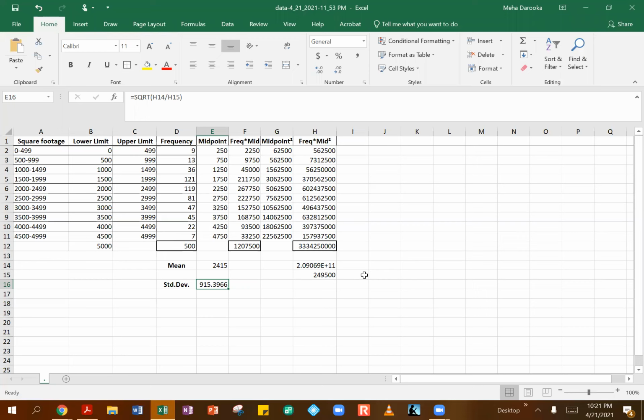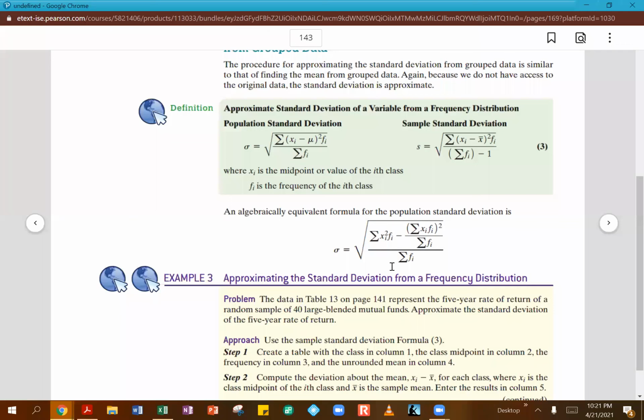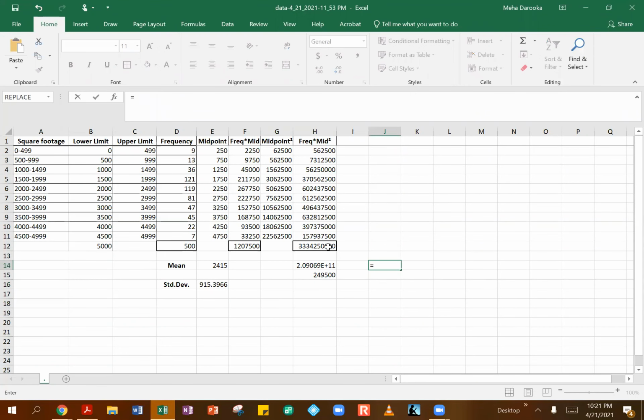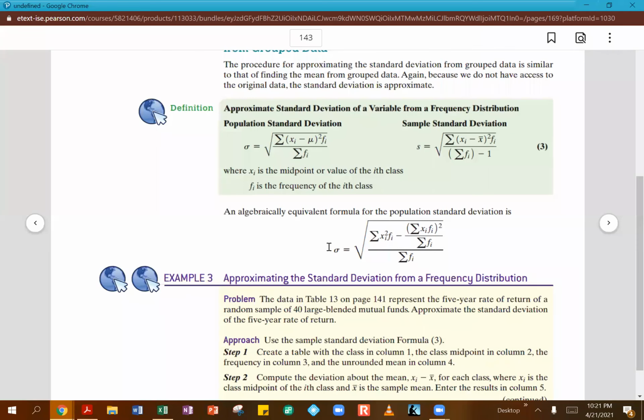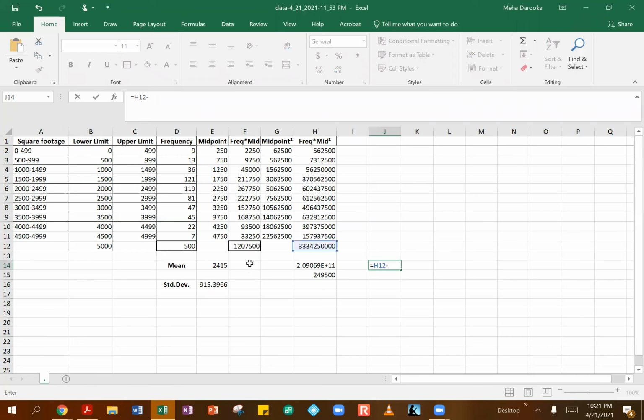So how about, I guess I'll just show it to you over here. So this is where we are going to take, let's see, the total from our square times frequency, so that's going to be this number, minus, we are going to take this number here, multiplied into itself.